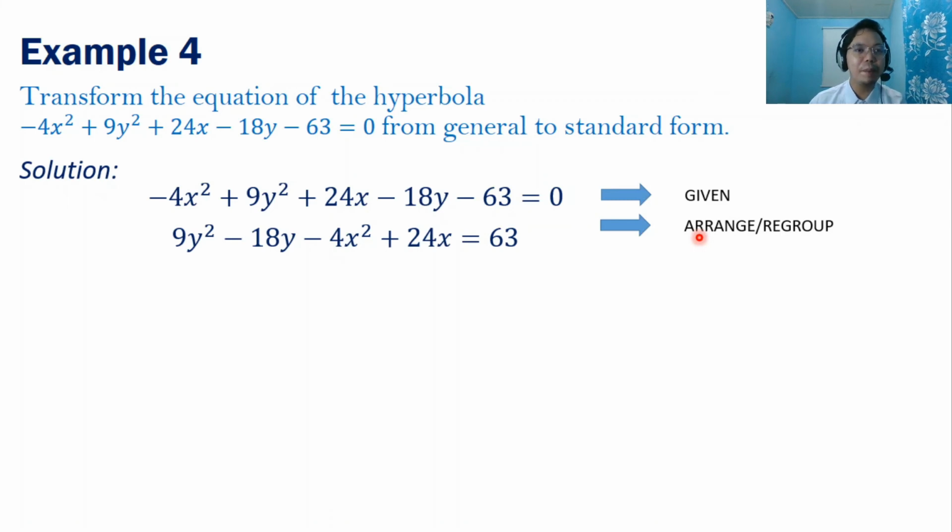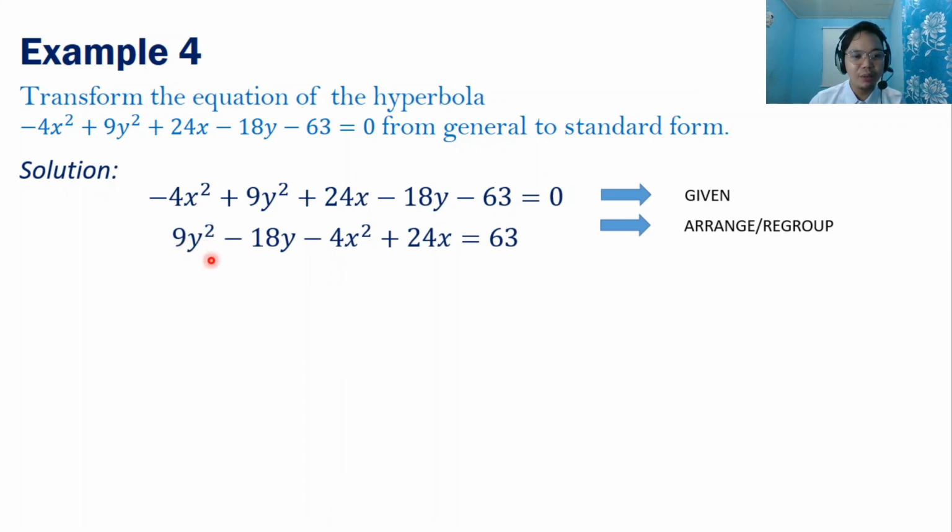So, sa unang term, dapat yun yung positive. Okay? So, alin kaya ang positive sa x² at y²? So, the y² or 9y². Yun yung nasa una natin. Because 9 or y will be our transverse axis.